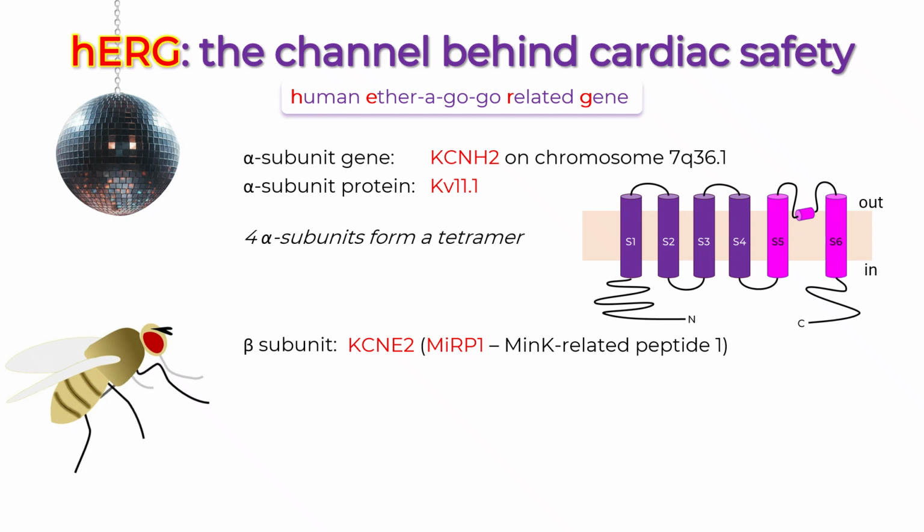Each alpha subunit has 6 membrane-spanning segments. The positively charged S4 segment senses membrane voltage. At rest, when the cardiac cell membrane potential sits at a negative level, the activation gate is closed. Depolarisation moves the voltage sensor and allows the gate to open, creating a path through the selectivity filter for potassium ions.